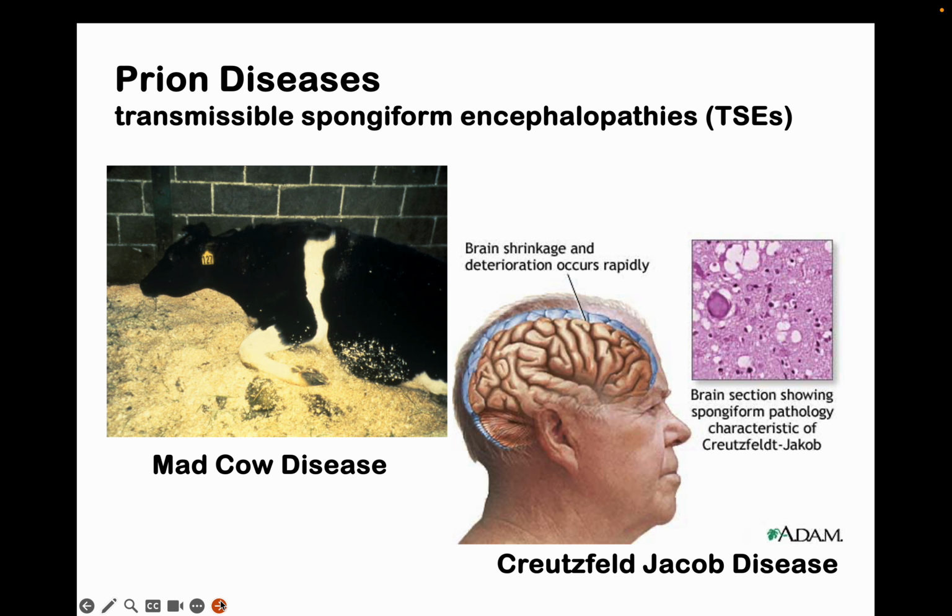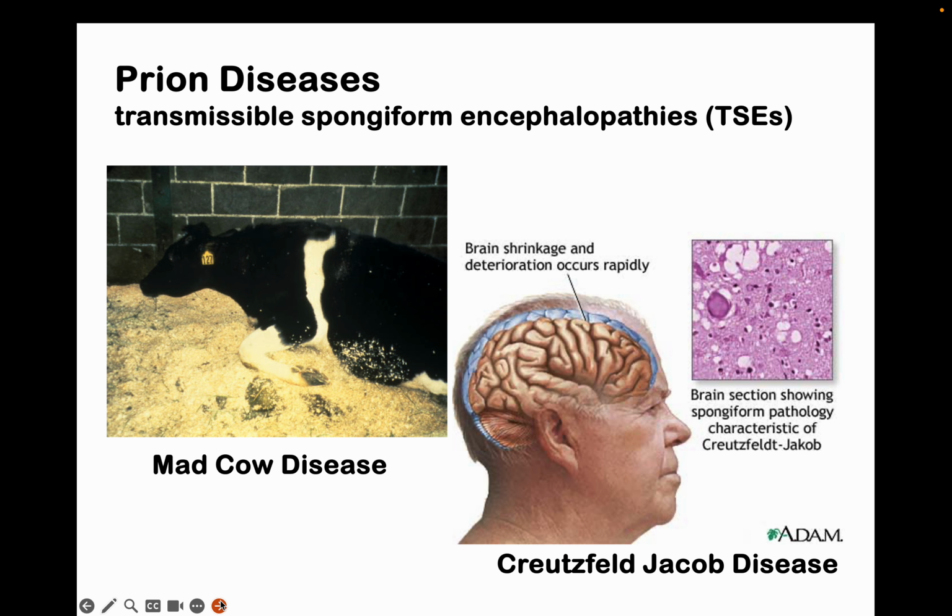A good example, or the most popular one associated with prion-related infections, is TSEs, transmissible spongiform encephalopathies.